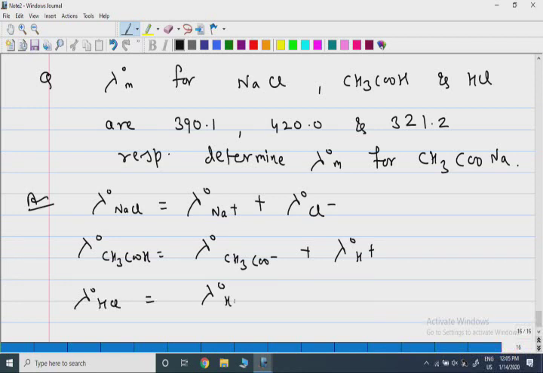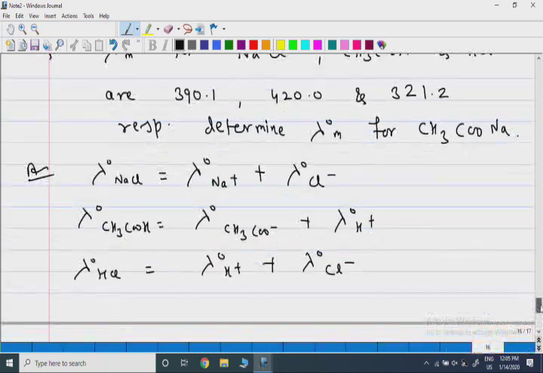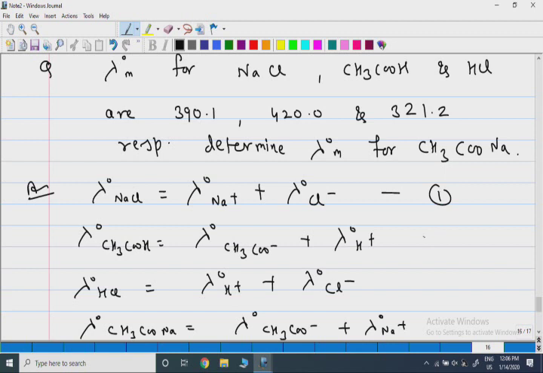I can write it as H plus and Cl minus. We have to calculate lambda naught for CH3COONa. So on ionization, I should have two ions, this ion and this ion. Assume this is equation number 1, this is equation number 2, this is equation number 3. This is what we have to find out.